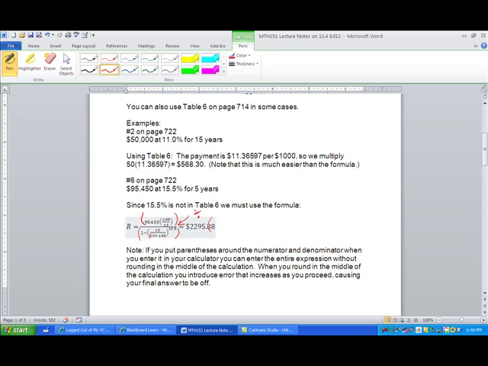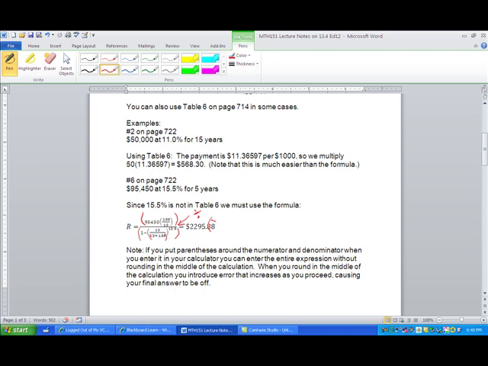And again, the 12 will be okay since it's by itself. Again, for the denominator, you want to put 12 plus 0.155. Or you could just add it in your head and say 12.155. So 12 divided by 12.155 raised to the 60th will make it a lot easier to put into the calculator.